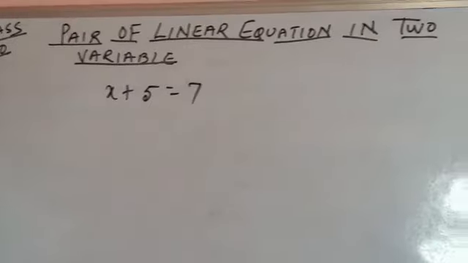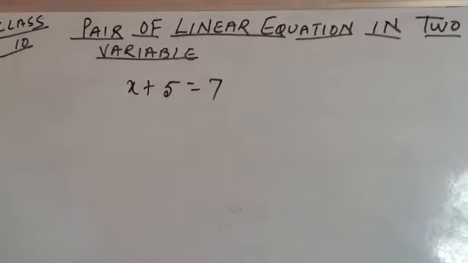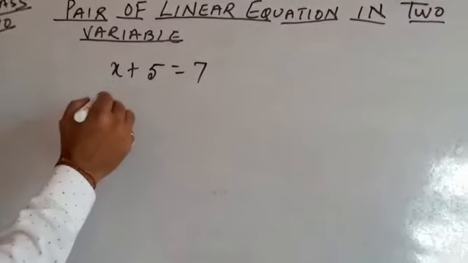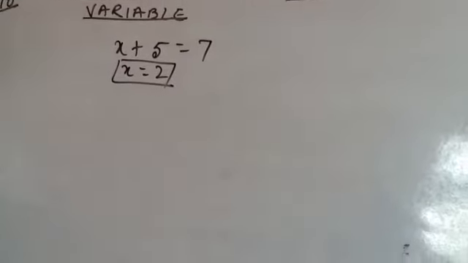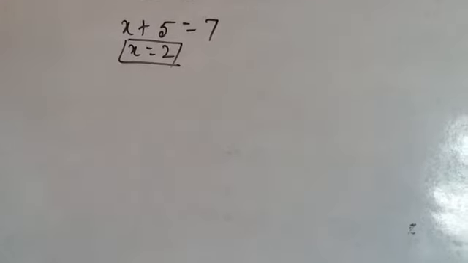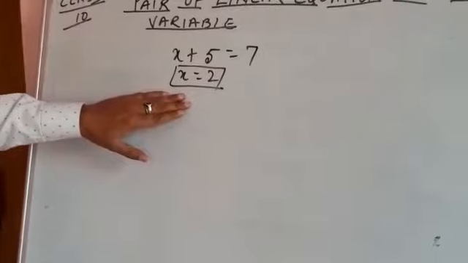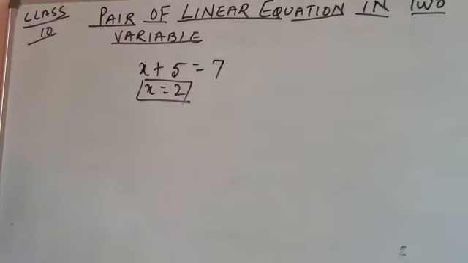This is a linear equation. What is the value of x here? The value of x is 2. This is also called the solution of the equation, and you need to understand this. Then only will you understand the chapter, pair of linear equation in two variables.